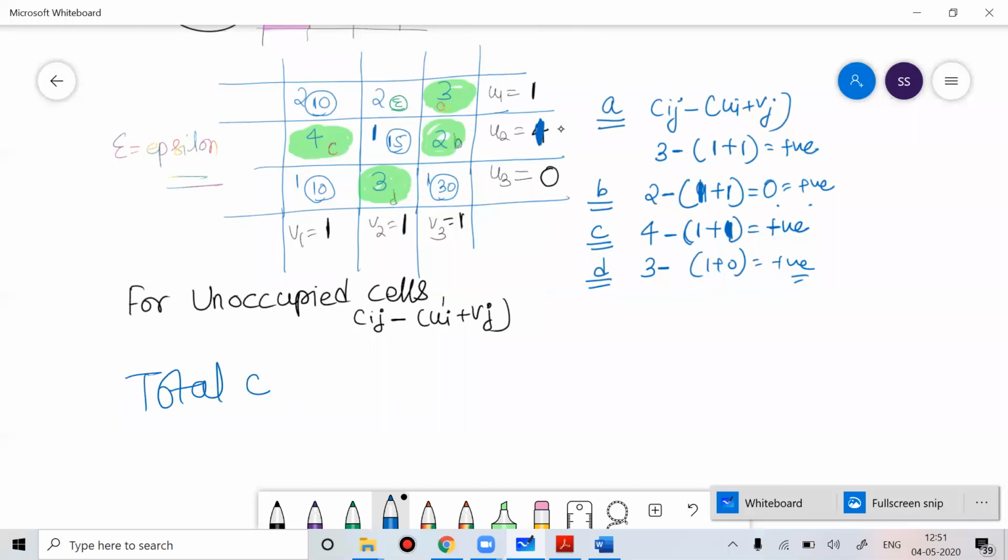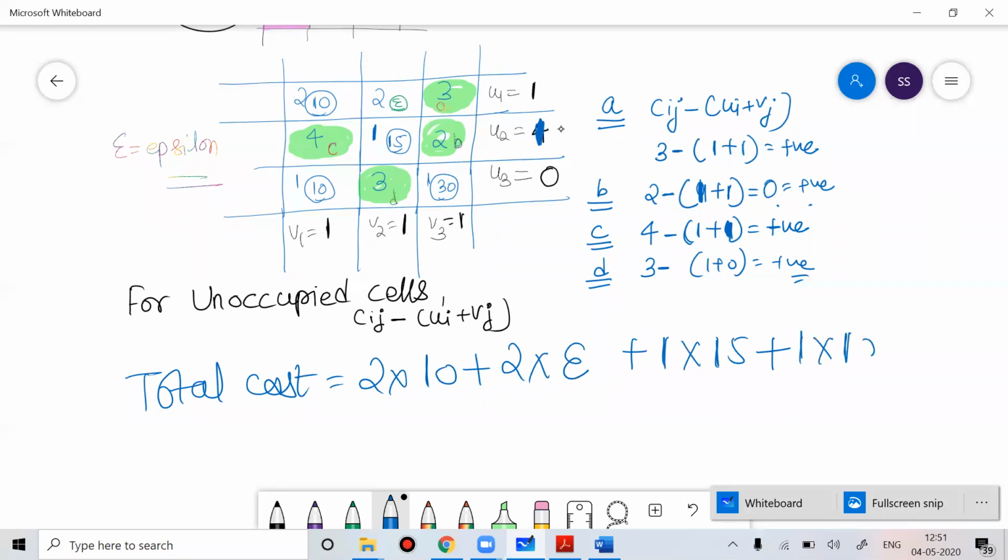Because you get positive values for all the unoccupied cells, your total cost will be 2 into 10 plus 2 into epsilon plus 1 into 15 plus 1 into 10 plus 1 into 30. 2 into 10 is 20, epsilon is 0, ignore it. This is 15, this is 10, this is 30.